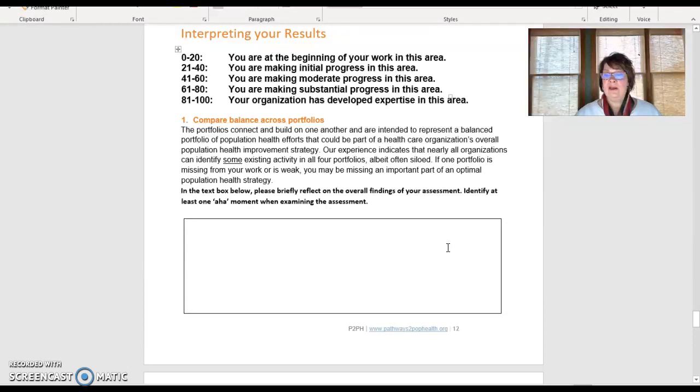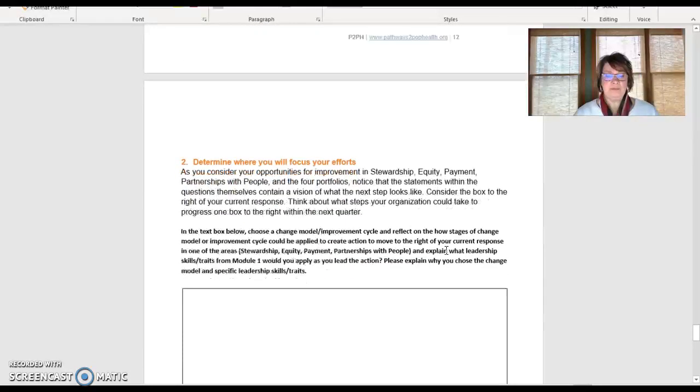So with this, I'm going to ask you to do a little analysis, reflect on the overall findings of your assessment, and what aha moment did you have while you were doing the assessment? Was there something about the assessment that helped you to think a little differently, maybe about your organization or about population health?